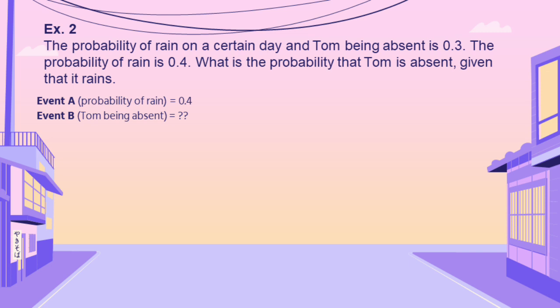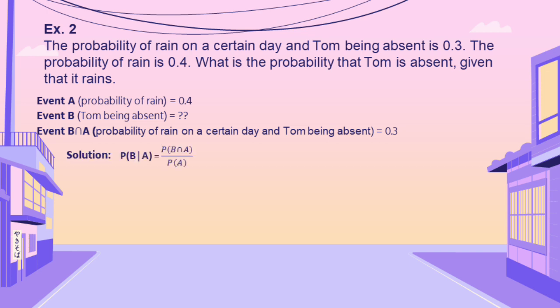Our event A would be the probability of rain, which is 0.4. However, our event B, which is the probability of Tom being absent, is not presented. But the intersection of B and A, which is the probability of rain on a certain day and Tom being absent, is presented, which is 0.3. This given is enough to substitute in our formula.